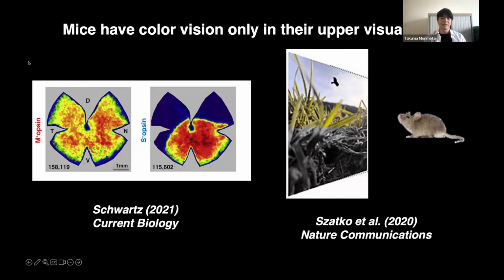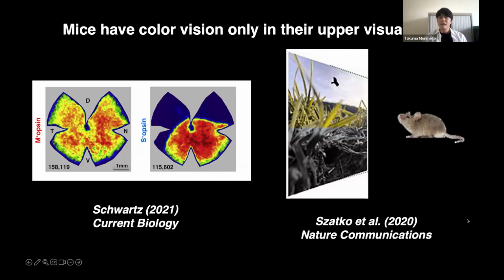We know that mice are dichromats, but over the past 20 years, it's been repeatedly found that they are dichromats only in the upper visual field, and the lower visual field is actually monochromat. If you see the distribution of S-opsin expression, this part of the retina doesn't have S-cones.